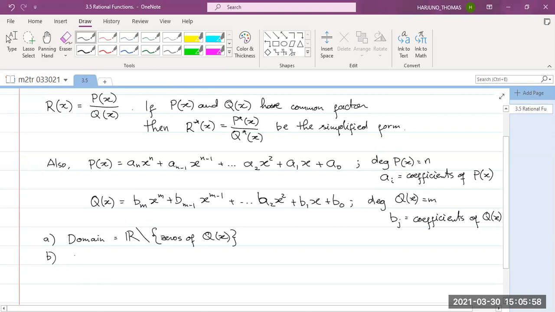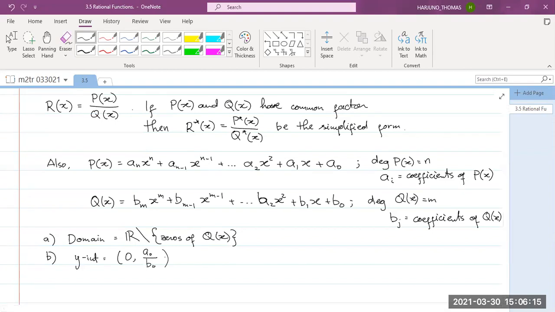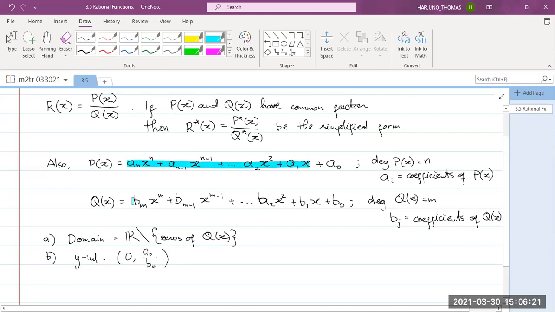Then the y-intercept is (0, a sub 0 over b sub 0). The constant of the numerator over constant of the denominator. You see, when x equals 0, this basically becomes just a sub 0 and becomes b sub 0, right?